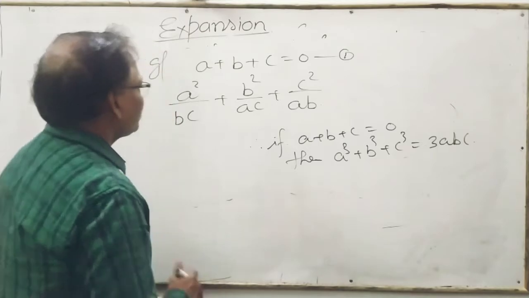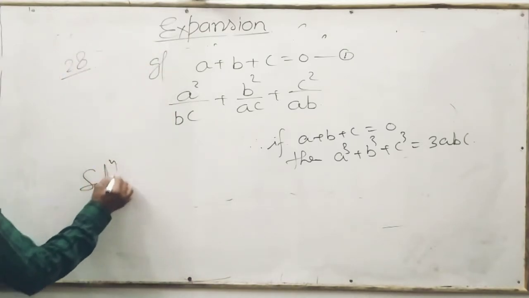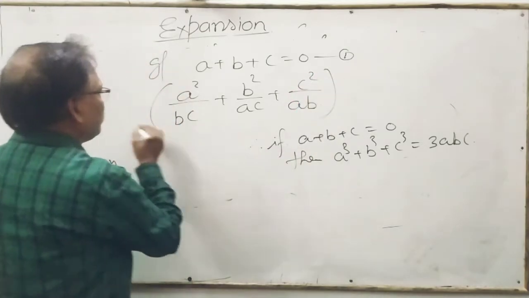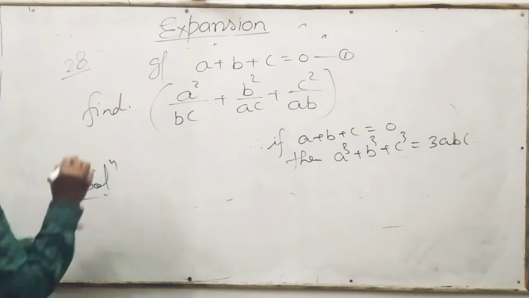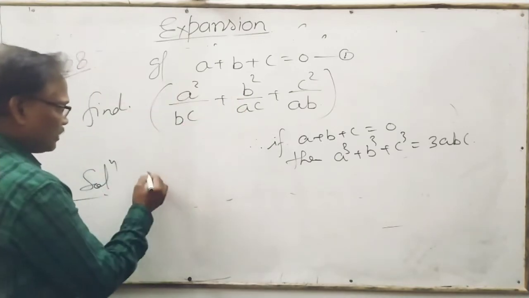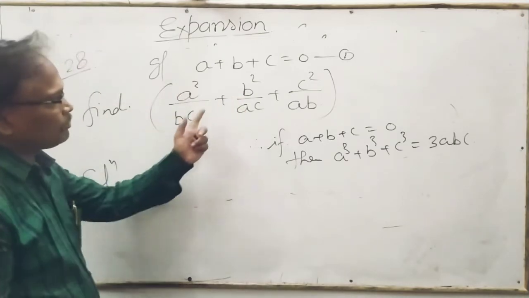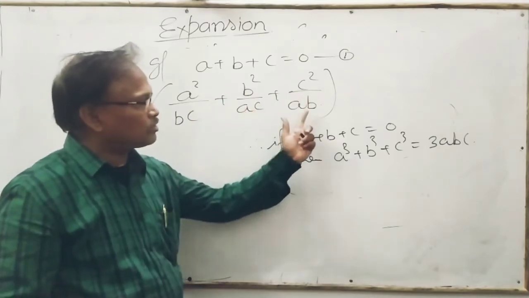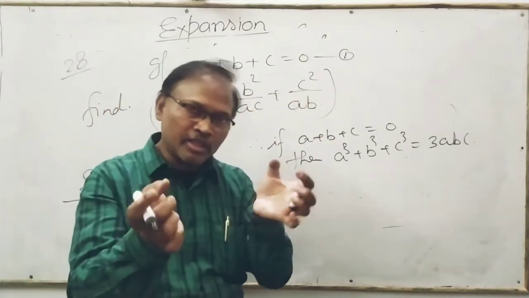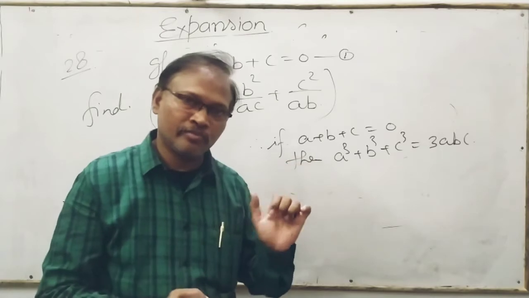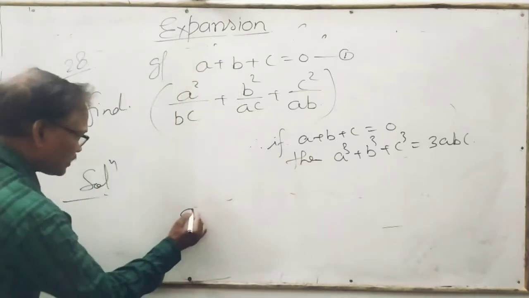Okay. But if you write, this is the find the value of this. If you write here a square upon bc plus b square upon ac plus c square upon ab, can you take the LCM of these? Yes. And what is the LCM?